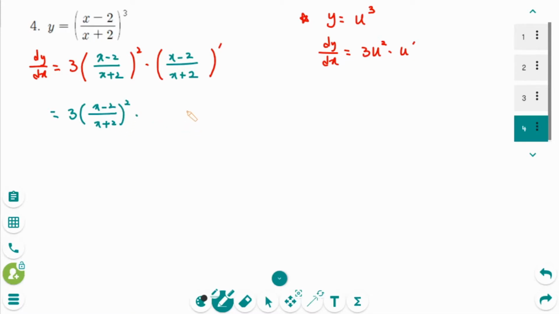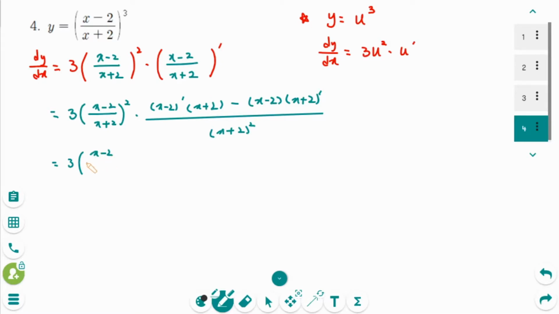Then use the quotient rule. (x minus 2) prime times (x plus 2) minus (x minus 2) times (x plus 2) prime, over (x plus 2) squared. 3 times ((x minus 2) over (x plus 2)) to the power of 2 times: (x minus 2) prime is 1, then (x plus 2) minus (x minus 2) times (x plus 2) prime, which is 1, over (x plus 2) squared.